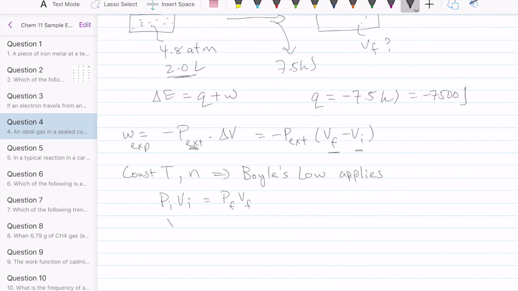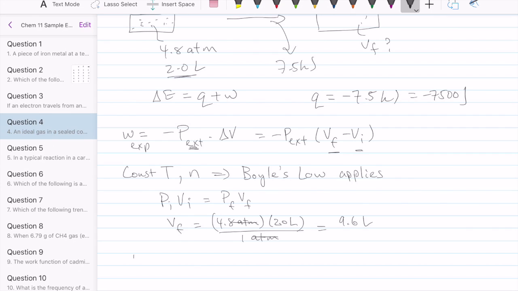Since we're interested in the final volume, we take the initial pressure, 4.8 atmosphere, times the initial volume, 2 liter, divided by the final pressure, which we said was 1 atmosphere. The atmosphere cancels out, and you have 9.6 liter as the final volume.